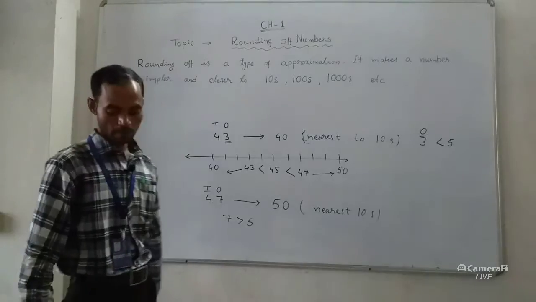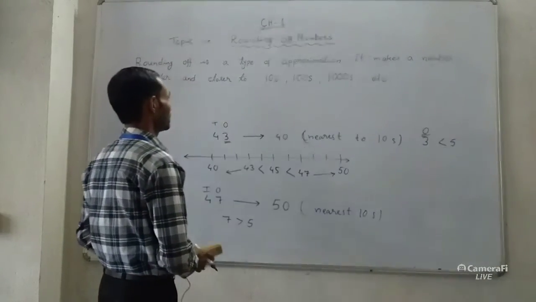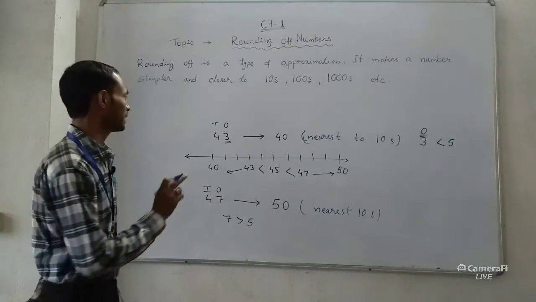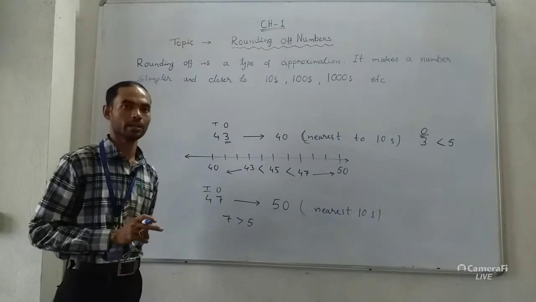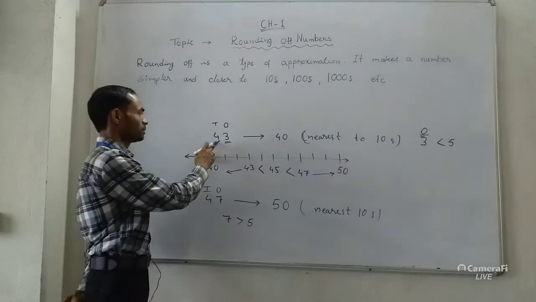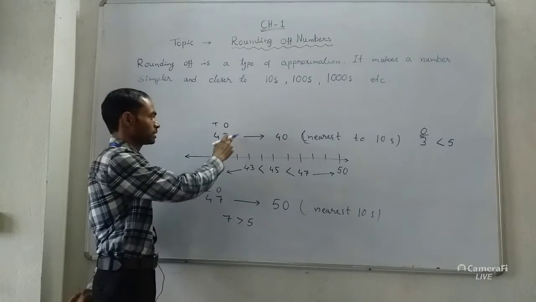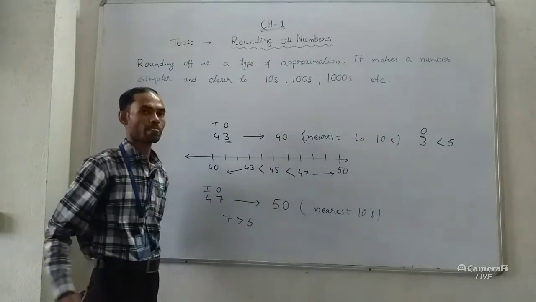So the overall rule is, if we want to round numbers to the nearest 10, then check its ones place digit. If it is less than 5, then its 10 place digit will remain the same and the ones place digit becomes 0, like 43 becomes 40.